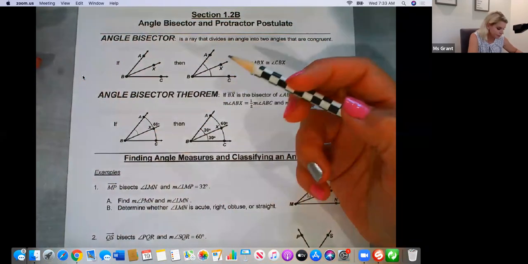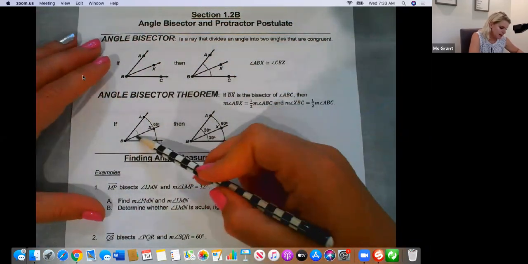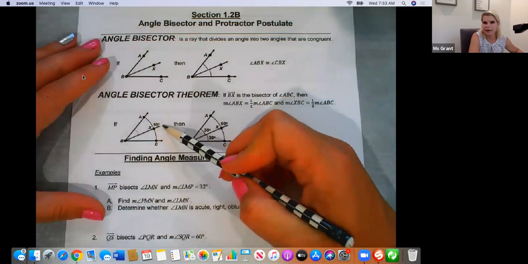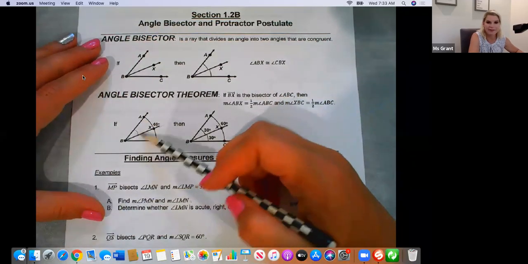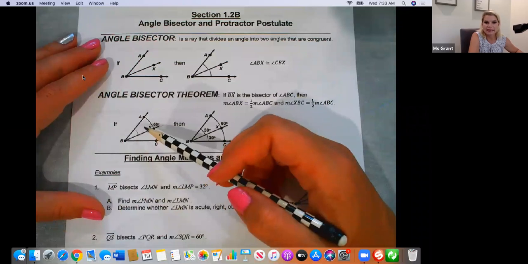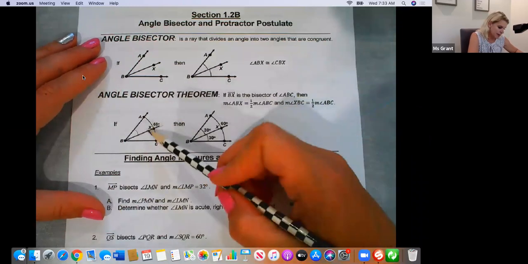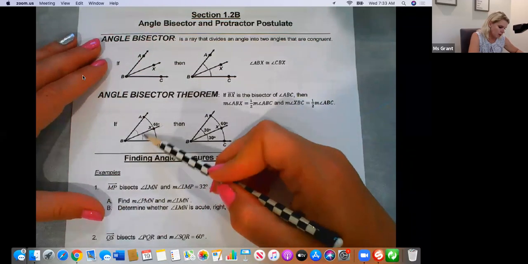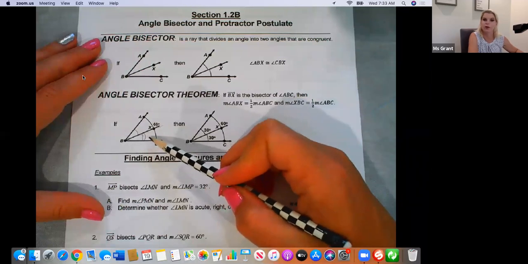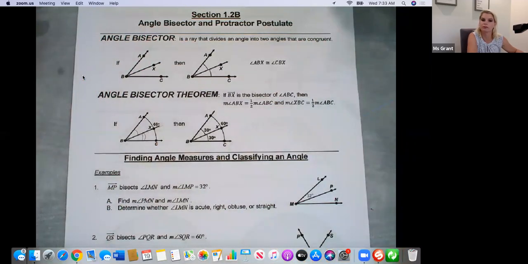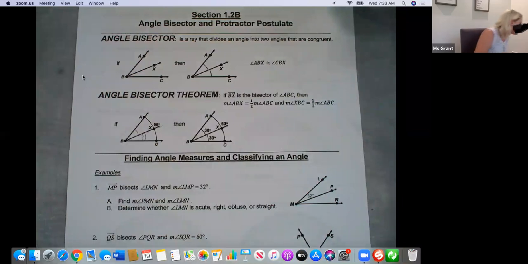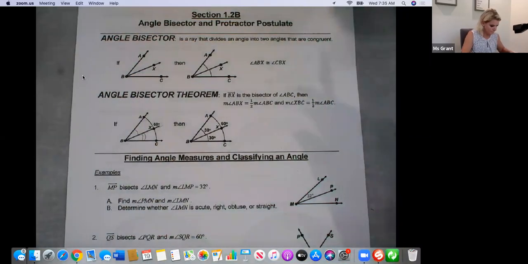Doesn't that make sense? If this line cuts my angle in half, then this top angle is half of the whole thing. And XBC, this lower angle, is half of the whole angle. That's the angle bisector theorem, okay?